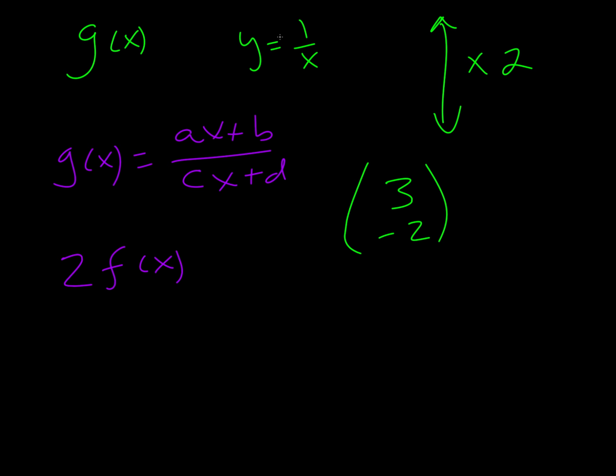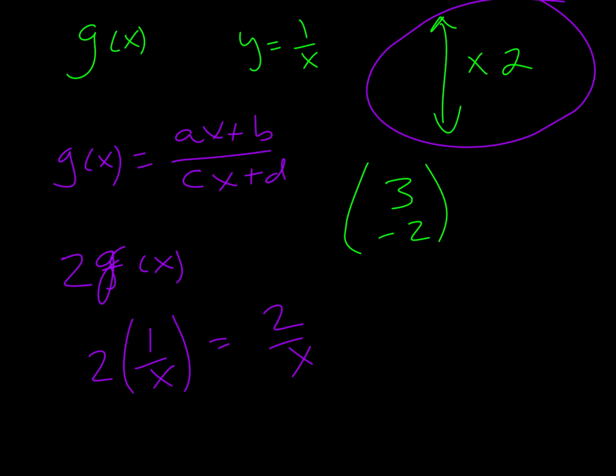Okay, and so if we start with 1 over x, we're going to multiply that by 2. There should be g of x, by the way. And so we get 2 over x. So that's when we take care of that piece of it.